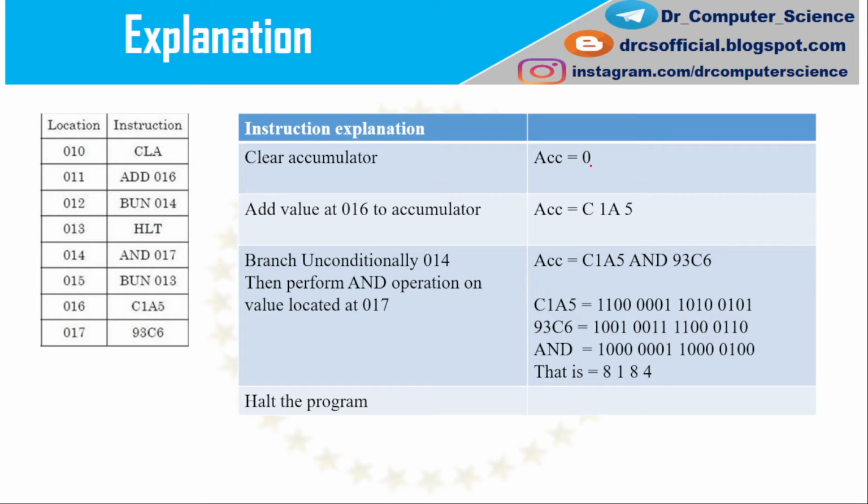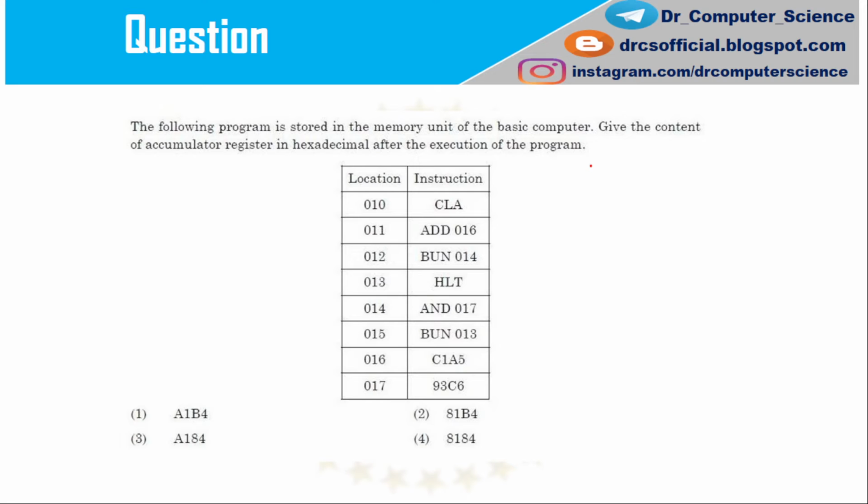Thus, it is the equivalent of 8184. The next instruction is halt, that means halt the program. When we perform all these operations, the output in the accumulator is 8184.